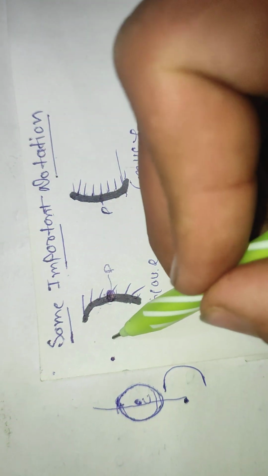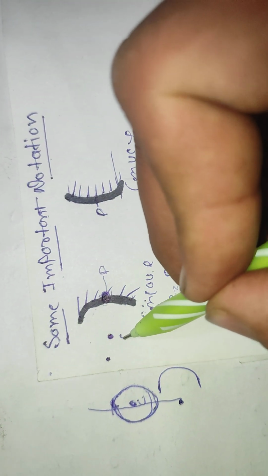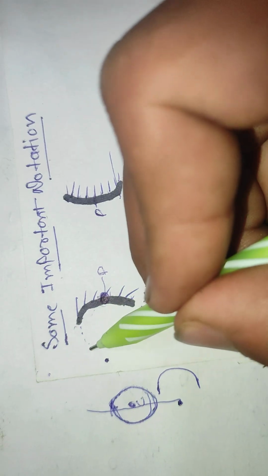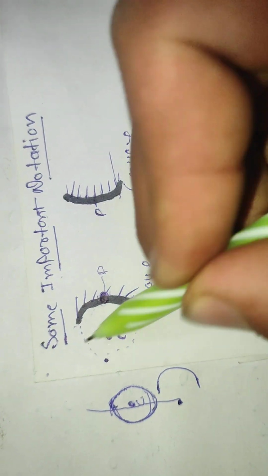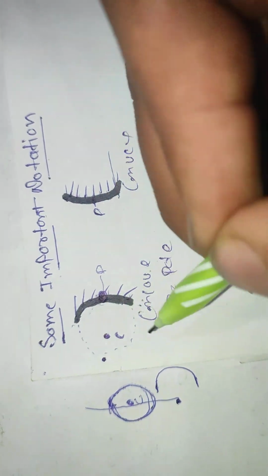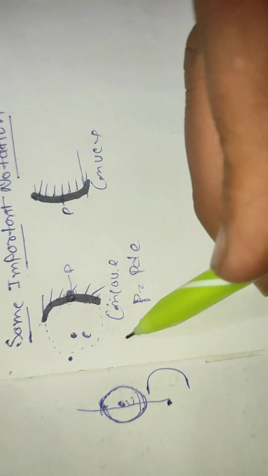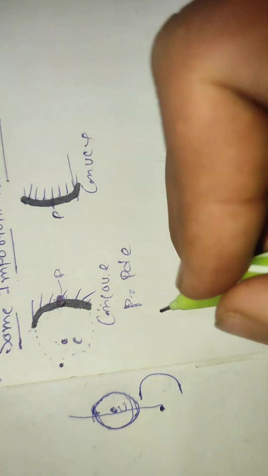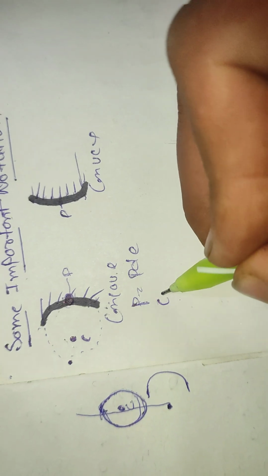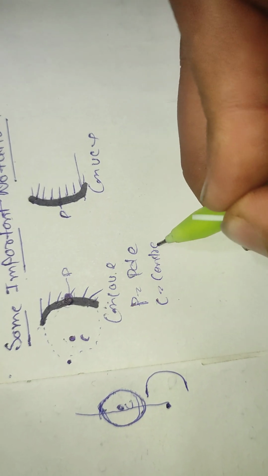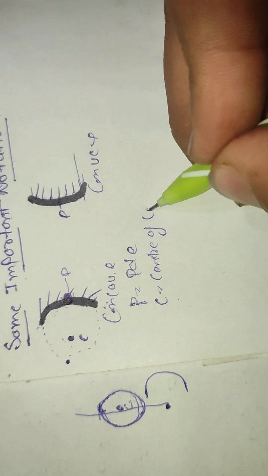Let's assume this is the curve, the whole sphere. So this C is called the center of curvature, because it is the center of the curvature.